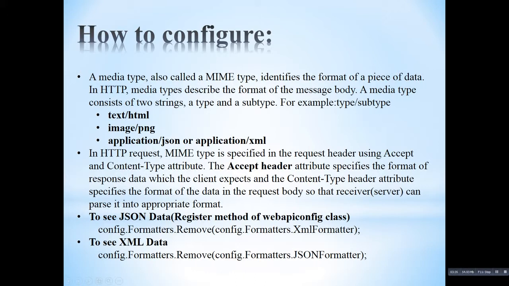So if we are sending content type application/json, that means it can accept the JSON format only. The client expects a JSON format of data, and if it is application/xml, that means the client expects the data in XML format.